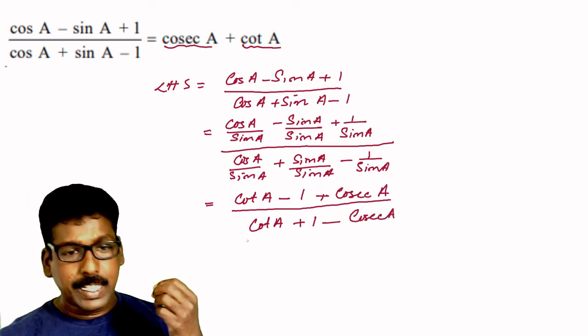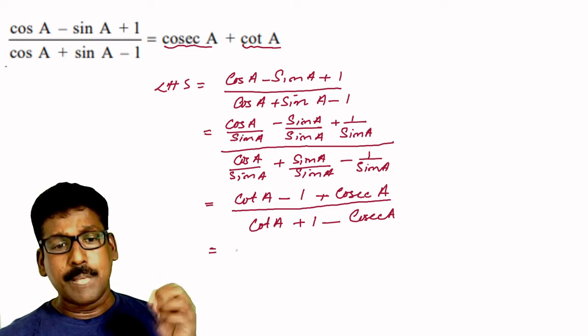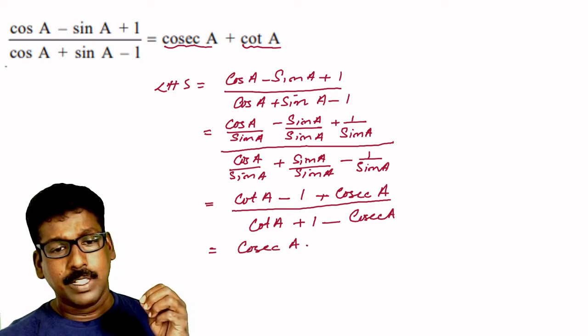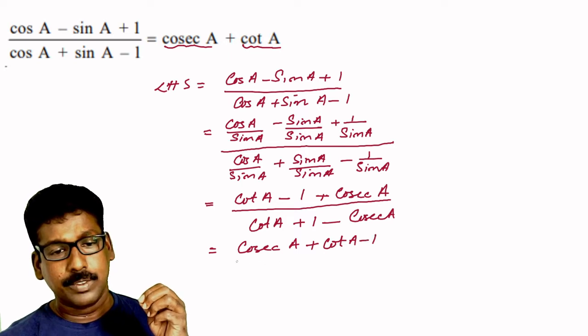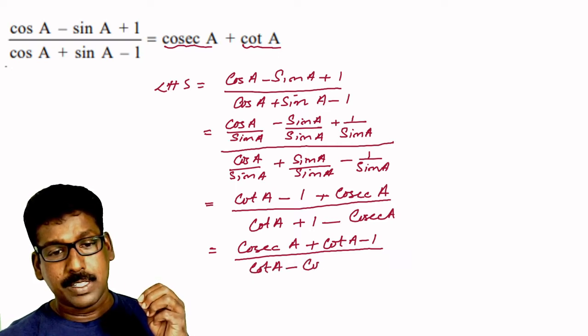Now this let me rewrite as cot a minus 1 plus cosec a. Let me write cosec a first, then plus cot a minus 1, divided by, similarly here you can write cot a minus cosec a plus 1.